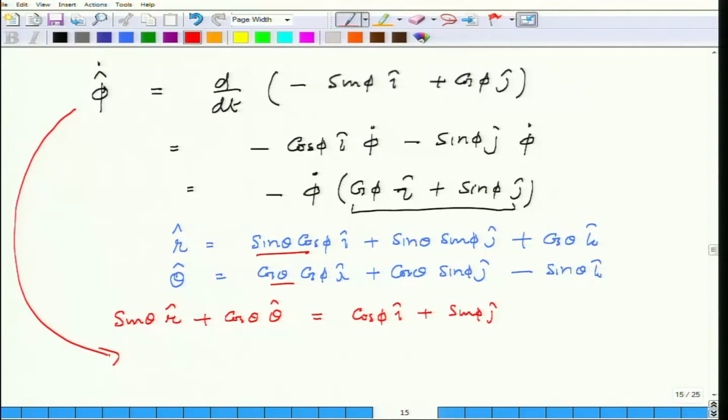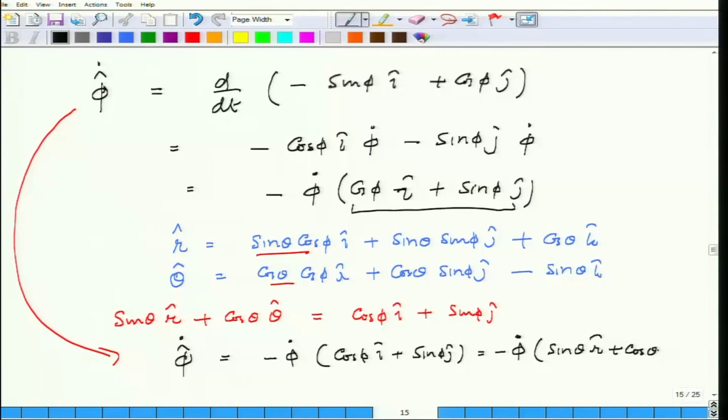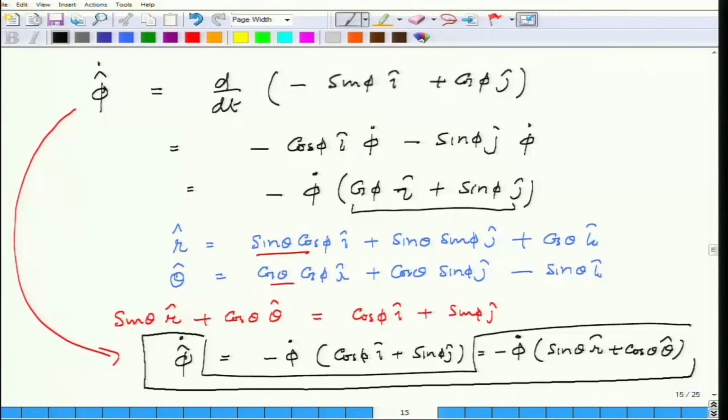So therefore, using this I can write phi unit vector dot is equal to minus phi dot cosine phi i plus sine phi j, which equals minus phi dot sine theta r plus cosine theta theta. Notice that now we have written all these in terms of r, theta and phi, and no reference to Cartesian unit vectors.